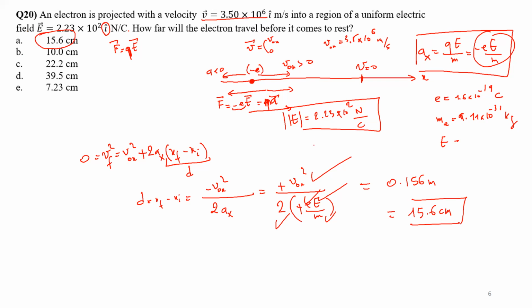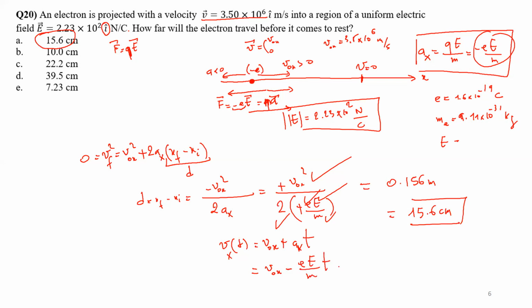The other way to solve the problem is using the time. I can get the time first. I know that the acceleration is constant, so v at any time will be just v naught x plus acceleration along x times t. I know the acceleration is just minus eE divided by m, multiplied by t.